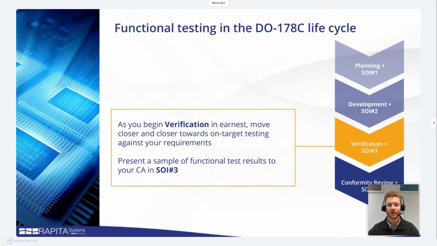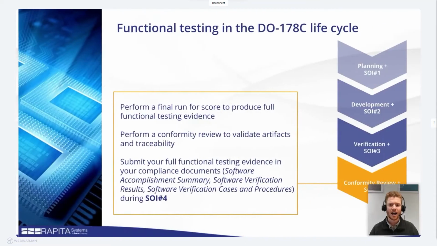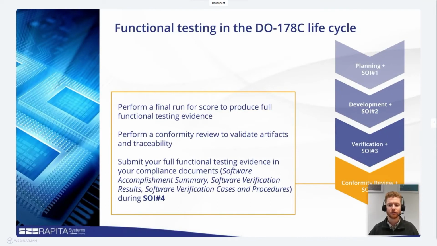You move on to performing the actual function testing in anger in the verification phase, and preliminary results are presented to the authorities at SOI 3. And then finally, your full run for score.